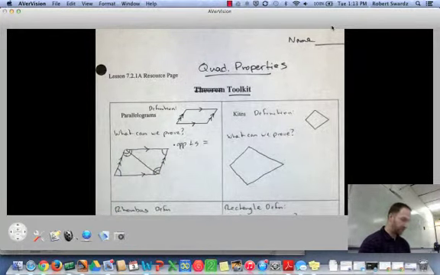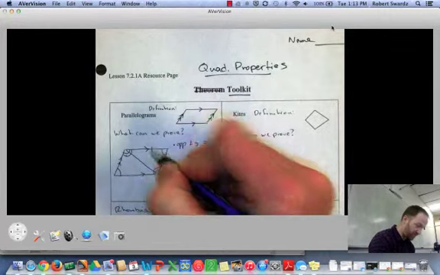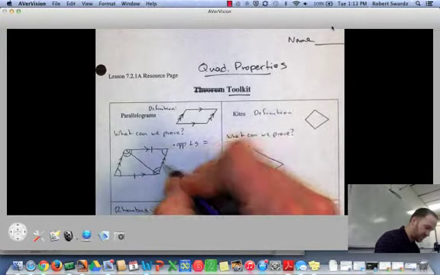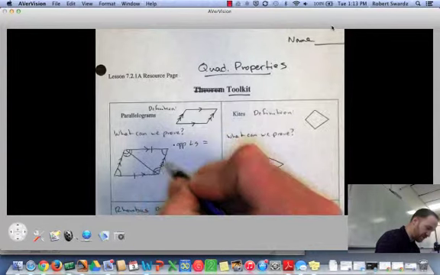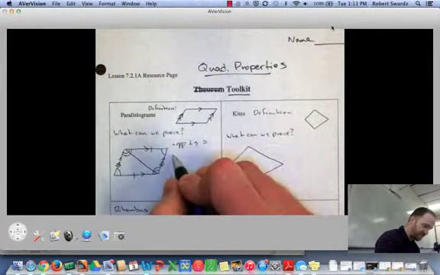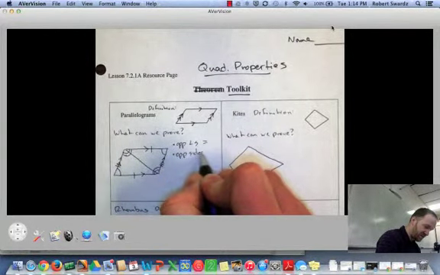Because these triangles are congruent, we also know that the corresponding sides must be the same too. You might say, well, I knew that, but you never proved it. You can't make claims without proving them. So opposite sides are equal.